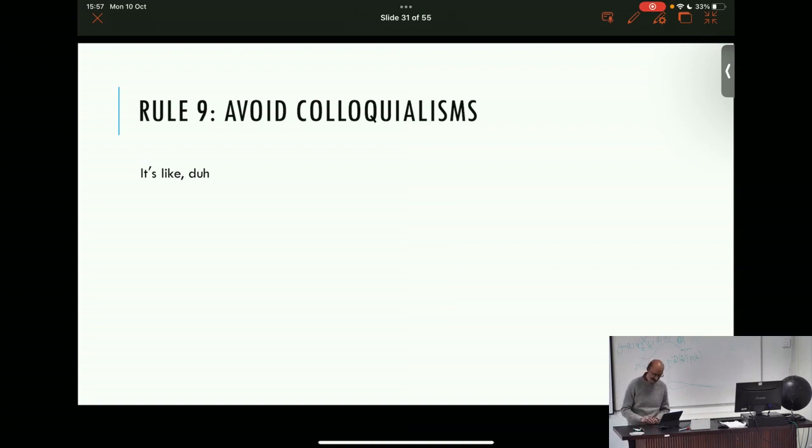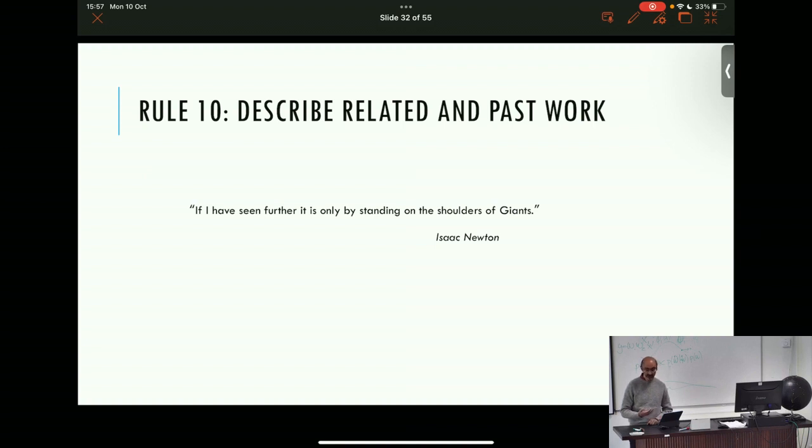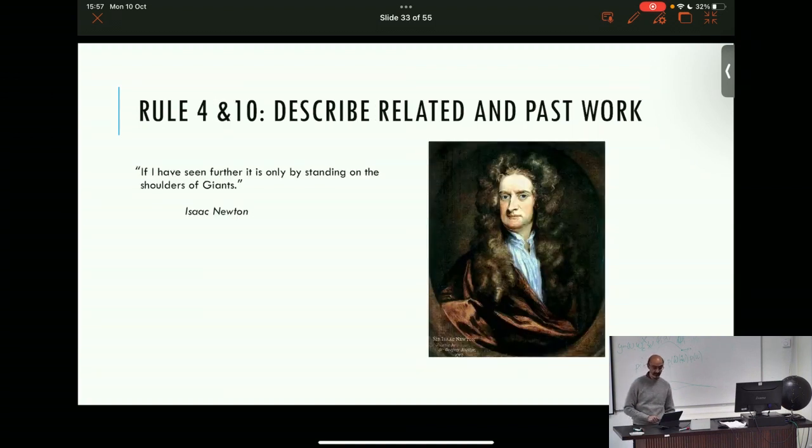And describe related and past work. One of the things we want from a talk is, why is this an advance over prior work? Why has it not been done already? So here's Newton, right? Newton said, if I've seen further, it's by standing on the shoulders of giants. So he's talking about past work. And here, it looks even better with the picture.